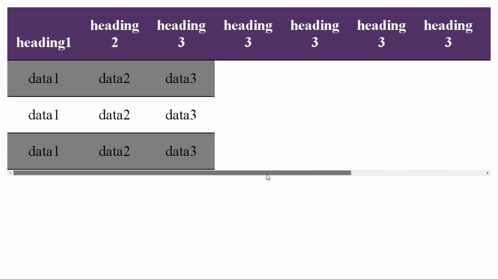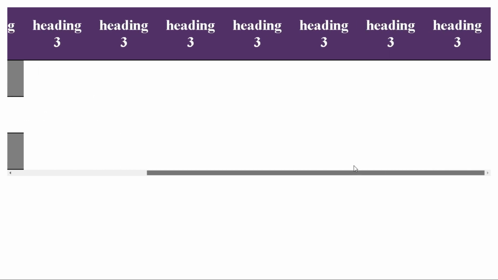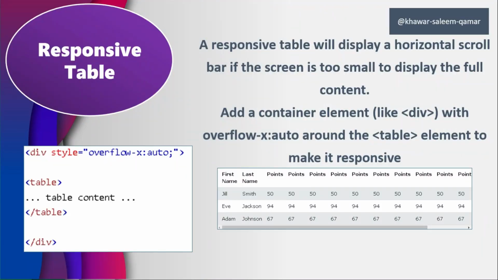So if we come back, we can see that it has got a scroll bar right here, and our body doesn't have any scroll bar right now, and it looks much more responsive now. So that's it for responsive tables.